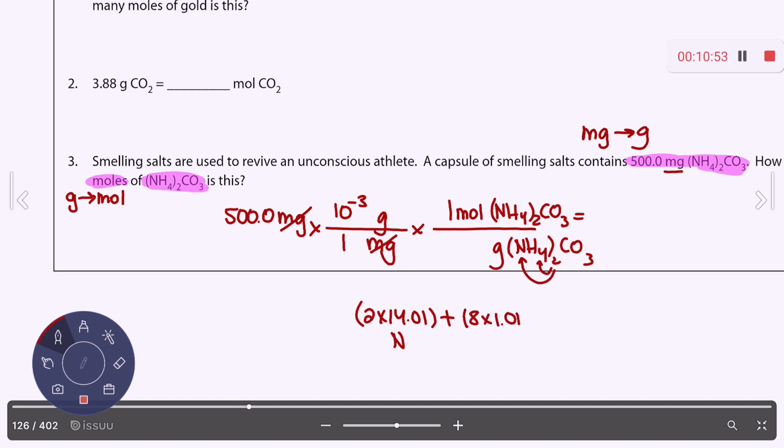So 8 times 1.01 for hydrogen, plus carbon is 12.01, and then we have 3 times 16 for oxygen. Okay, when you add all of that together, you're going to end up getting a molar mass of 96.11. And that will go here.